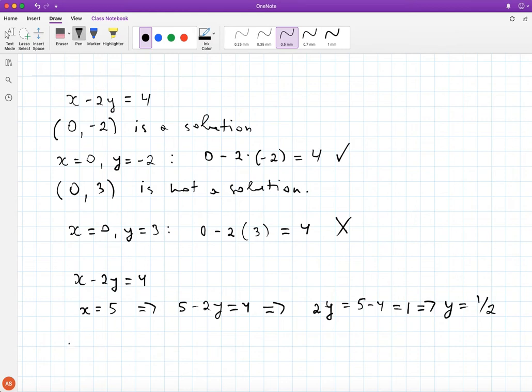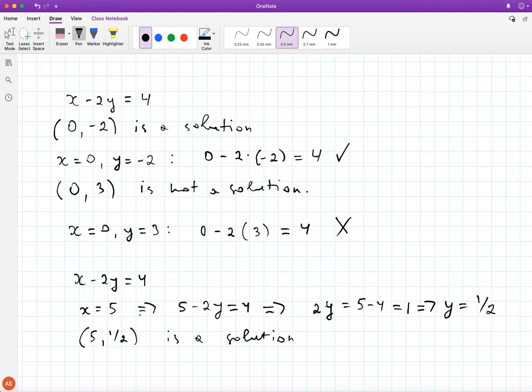And so by doing these calculations, we obtain a solution of this equation with x value equal to 5: 5, comma, 1/2. This pair is a solution of our equation. Now, I chose x equals 5 arbitrarily. We didn't have to start with this value.